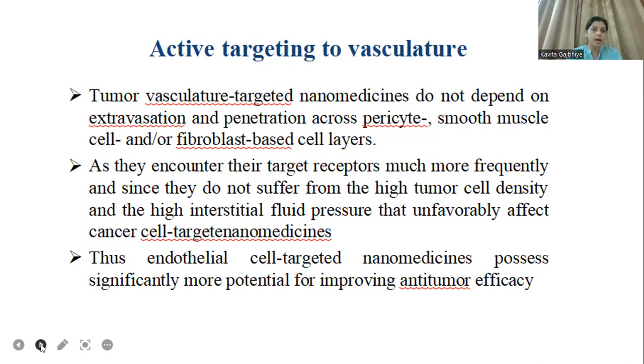They encounter their target receptors much more frequently, and they do not suffer from the high tumor cell density and high interstitial fluid pressure that unfavorably affect cancer cell targeting nanomedicines. Thus, endothelial cell targeted nanomedicine poses significantly more potential for improving anti-tumor efficacy.